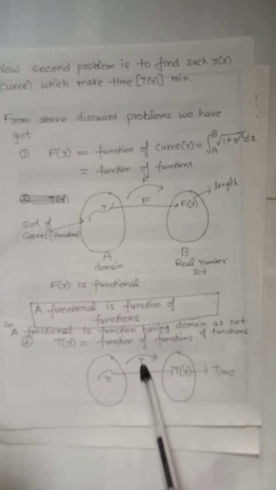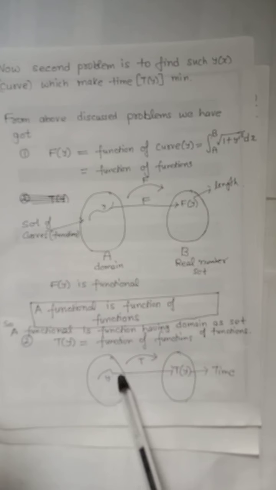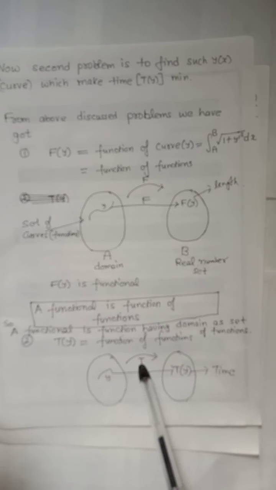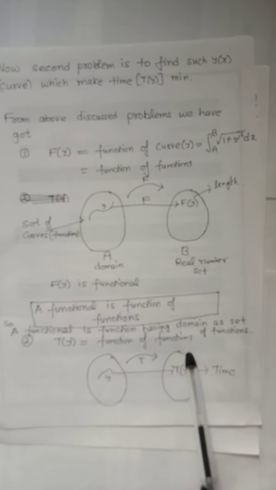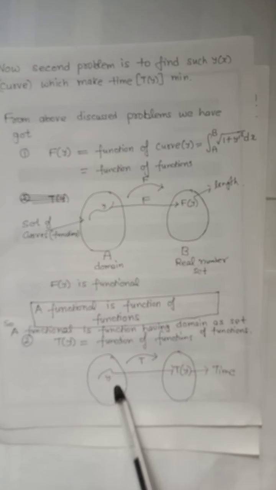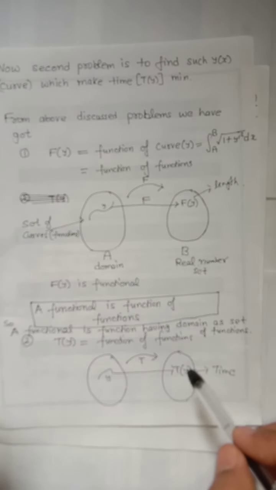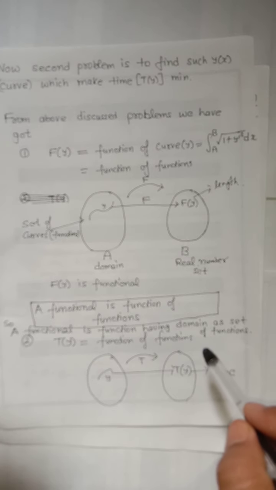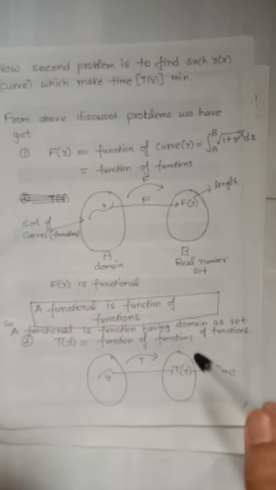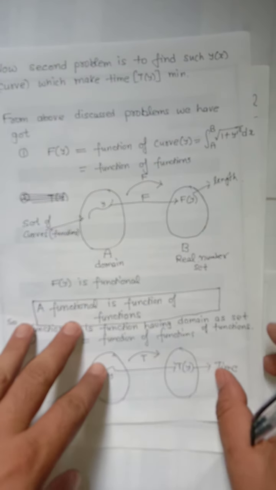So T is a function having as its domain a set of functions. So T is also a function of functions. Hence T can be said to be a functional. Now I think the concept of functional is clear. And the concept of functional is very important. Let us move further.